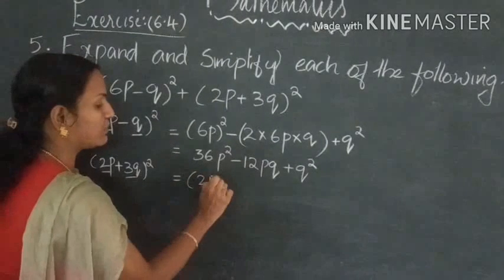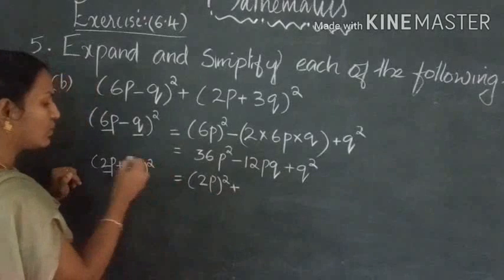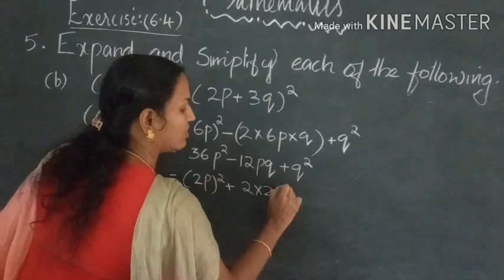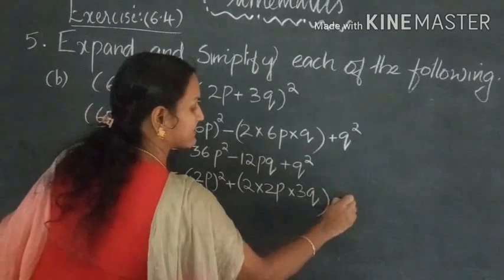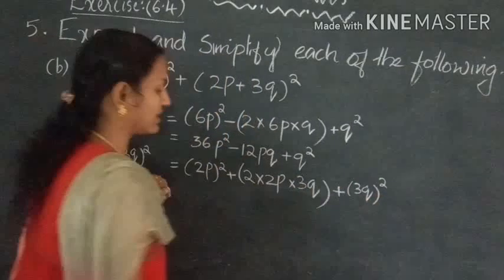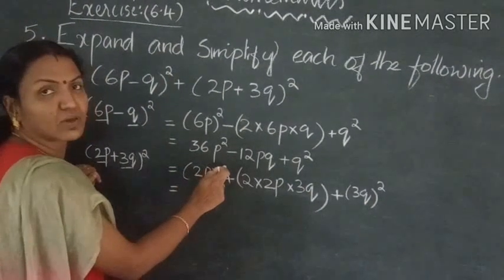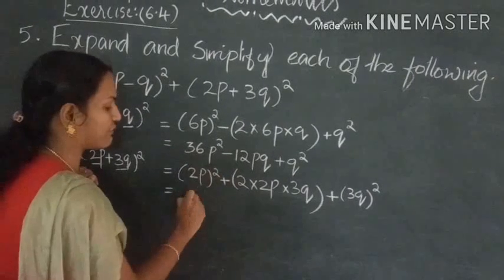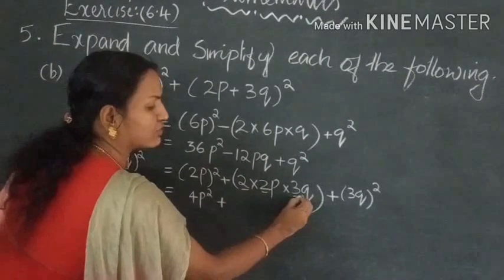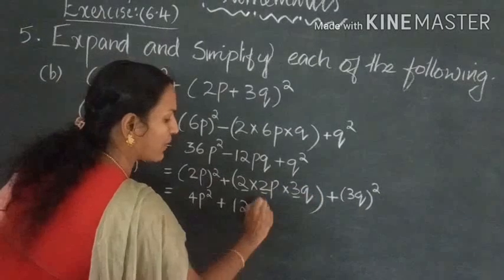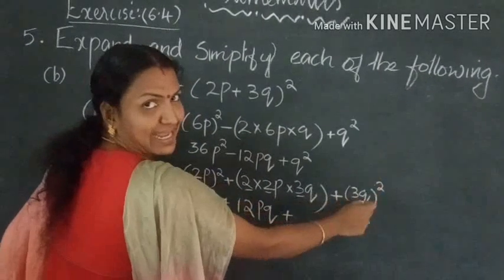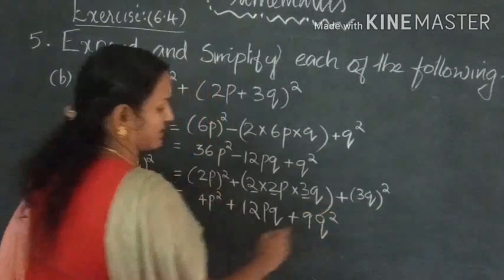So a square, (2p) the whole square, plus 2ab, 2 into 2p into 3q, plus b square, b means (3q) the whole square. (2p) the whole square is 2 square p square, 2 square is 4, so 4p square, plus multiplying the numbers, 2 into 2 is 4, 4 into 3 is 12, pq, plus 3 square q square, 3 square is 9, so 9q square.